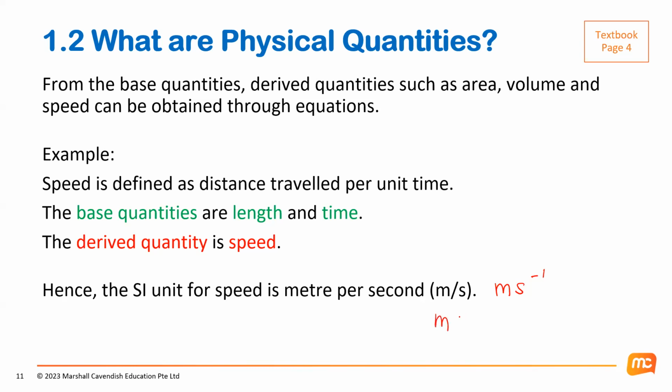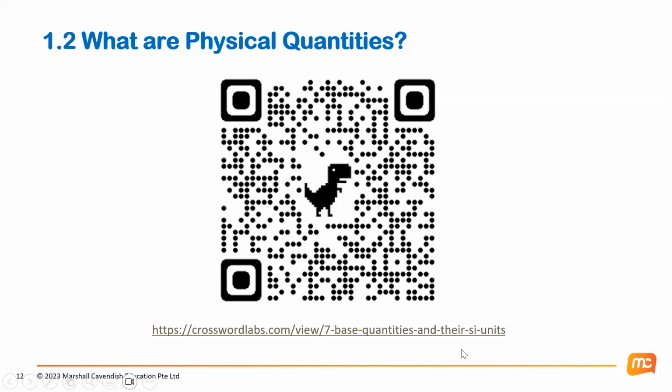So if I have something which later on you will learn, acceleration, is meters per second square, I can also write it as ms minus 2. For example, density is kg per meter cube. I can also write it as kg m minus 3. The minus just means divide. So these are common units that you see in a lot of physics questions. Just for your intro.